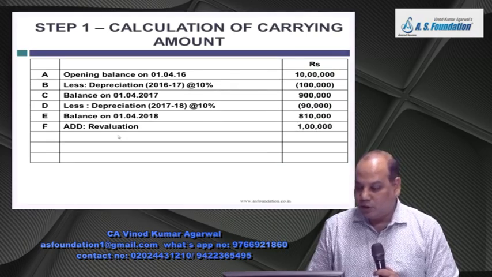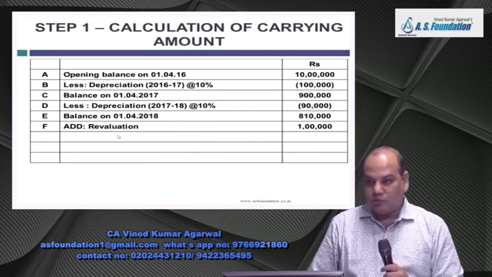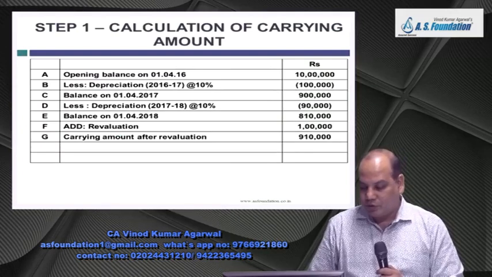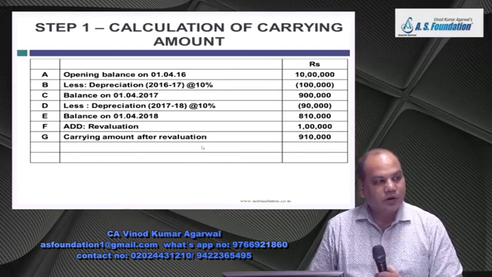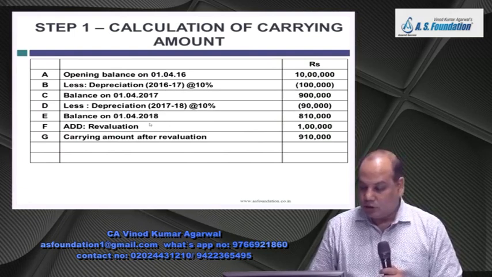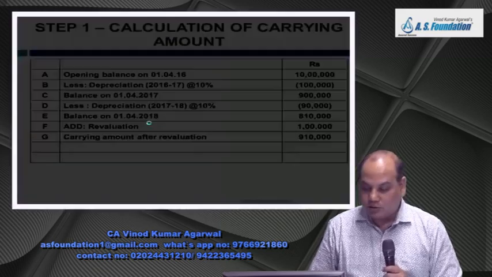And then you have to revalue it. Upward or downward? Upward. Add 1 lakh. So therefore carrying amount after revaluation on 1/4/18 is 9 lakh 10,000. And then again you have to provide depreciation on that.